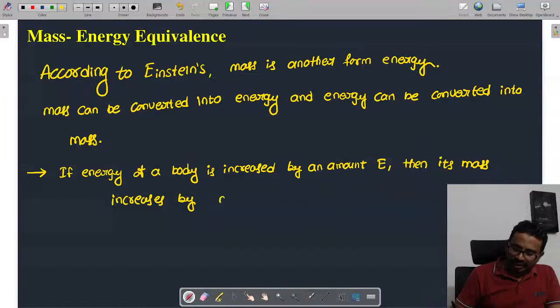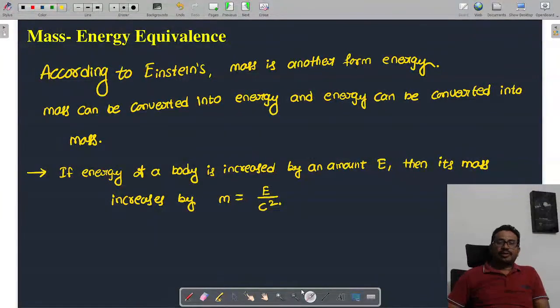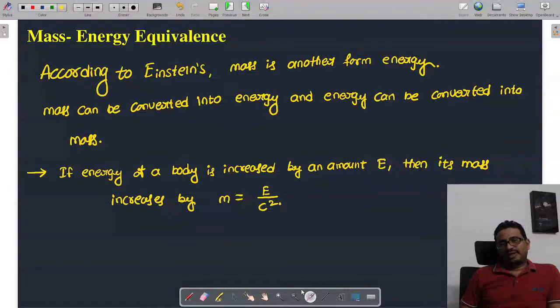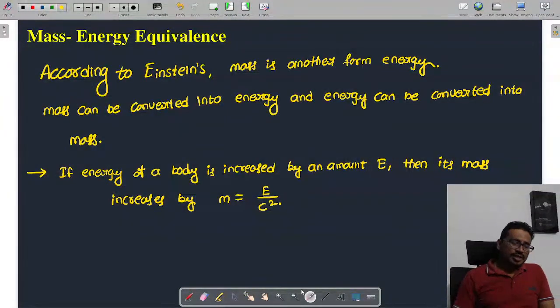The increase of mass is equal to E by C square. According to Einstein, if the energy of a body increases by an amount E, then its mass increases by E by C square.